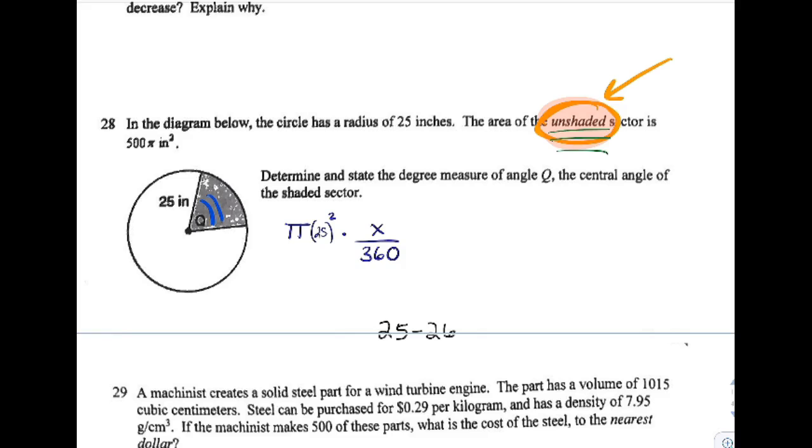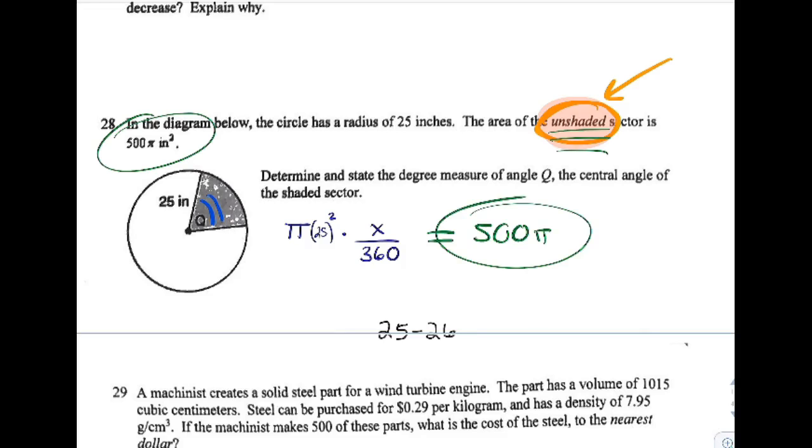They give us the area here. They say it's 500 pi square inches. So we have pi r squared times, we don't know the angle, we're trying to find that, over 360, but we do know that that equals 500 pi inches squared. So we know the answer. We're looking for that angle.